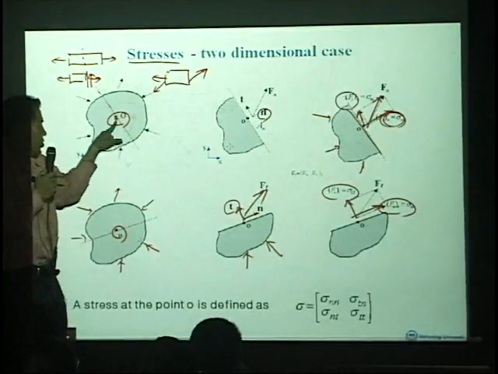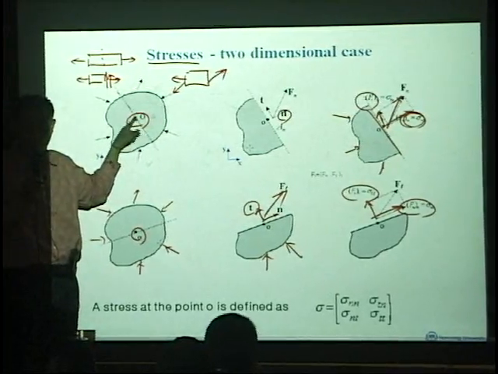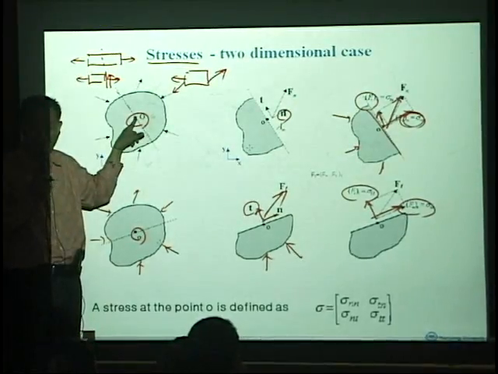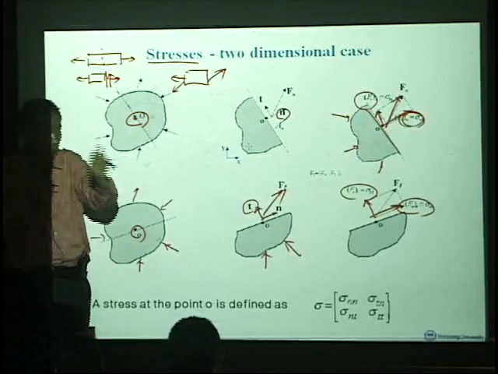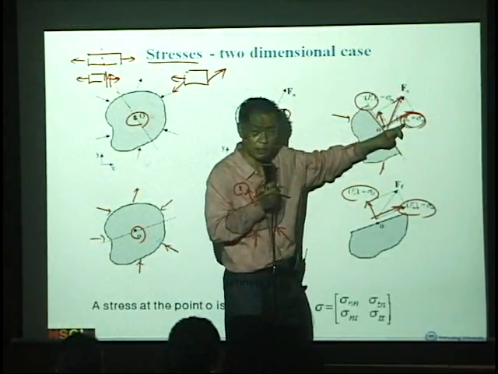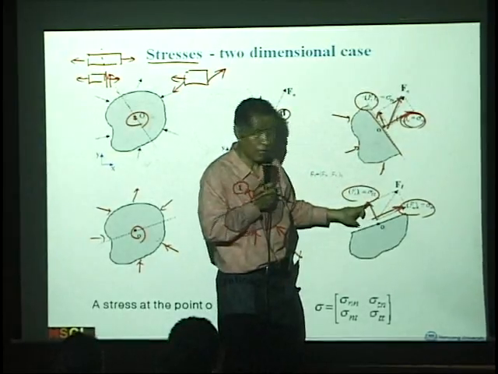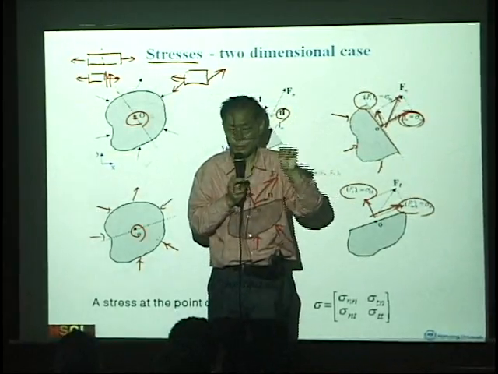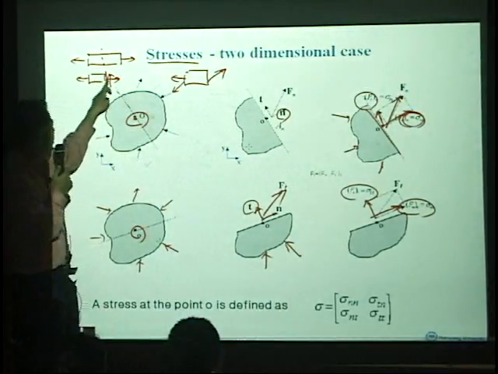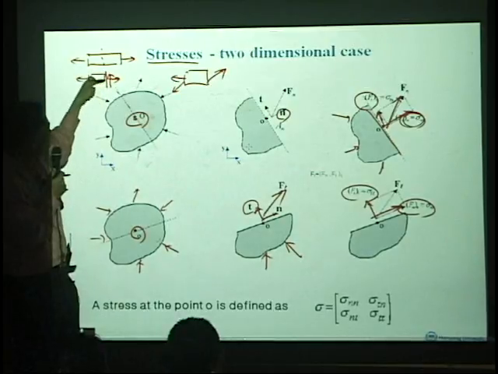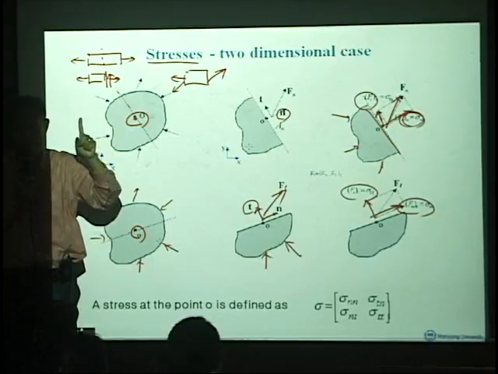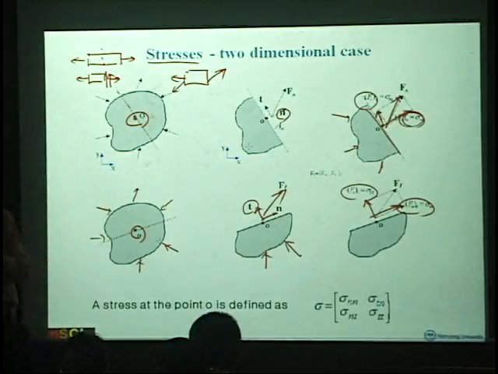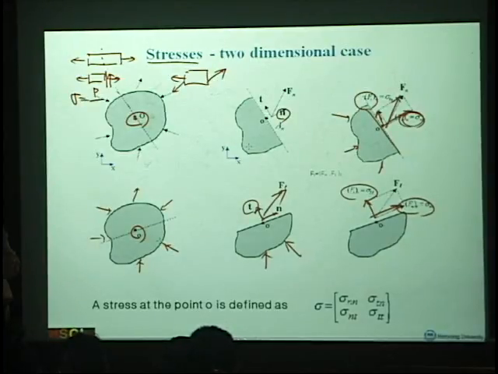Now here at point O, before we cut, we have 4 components of internal forces, which is this one, that. So 4 components. Again, in the one-dimensional case, if we cut here, we only have one component of internal force. We define that internal force as P divided by A. That was the only definition.